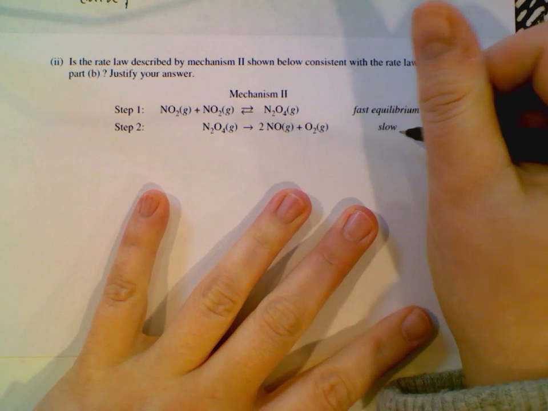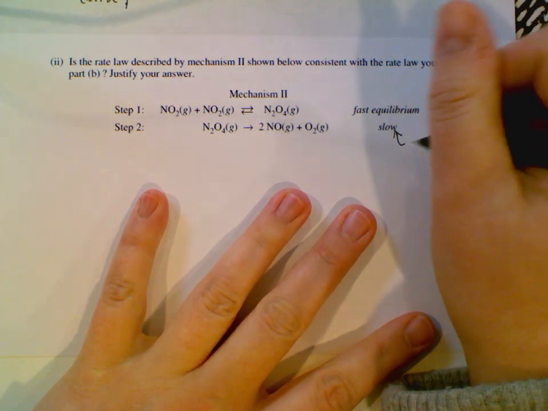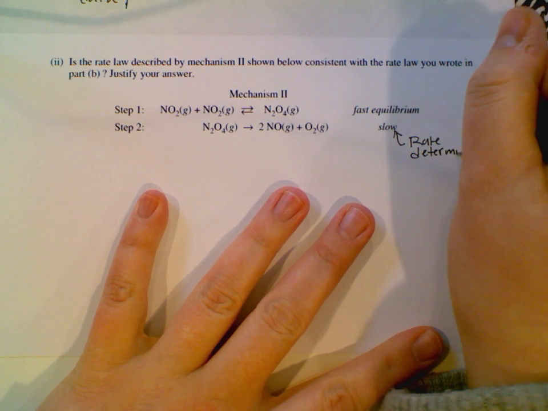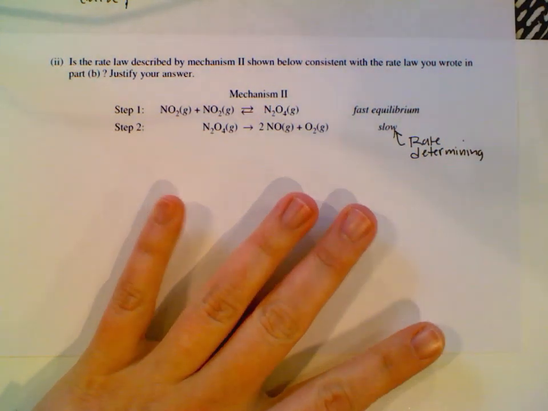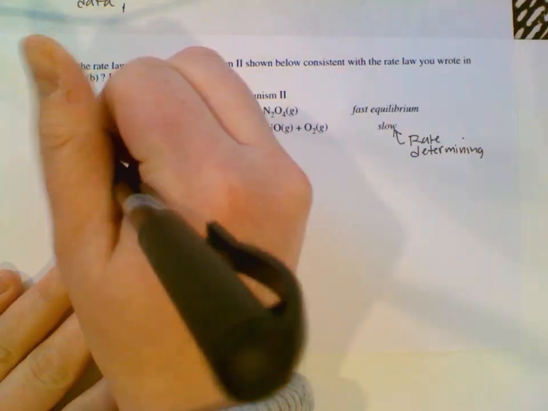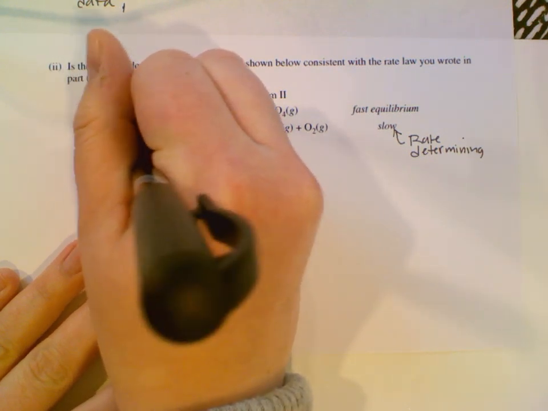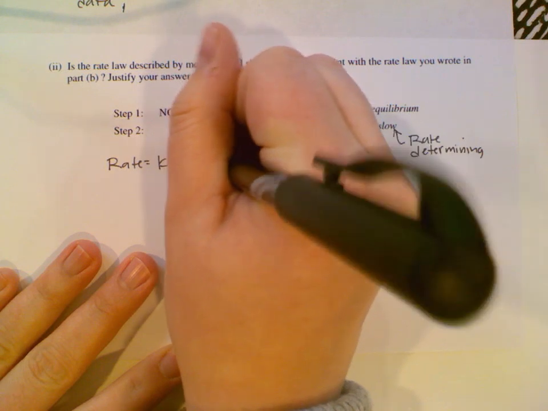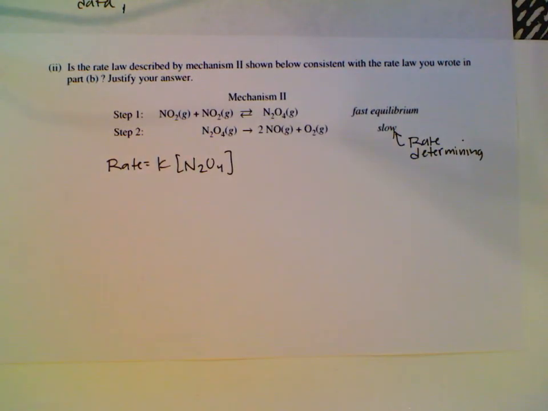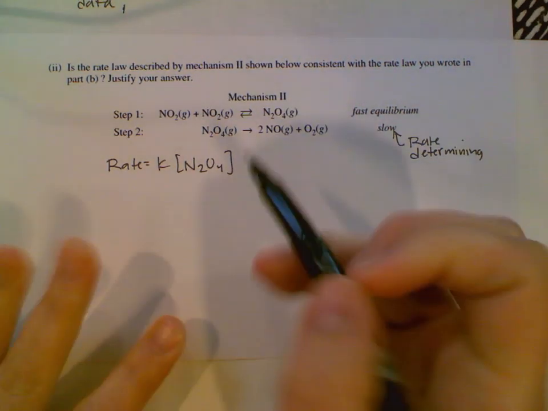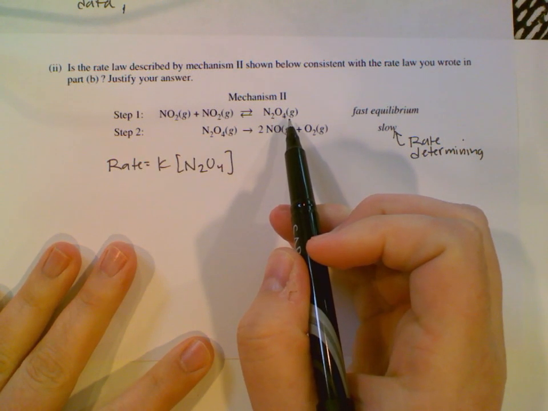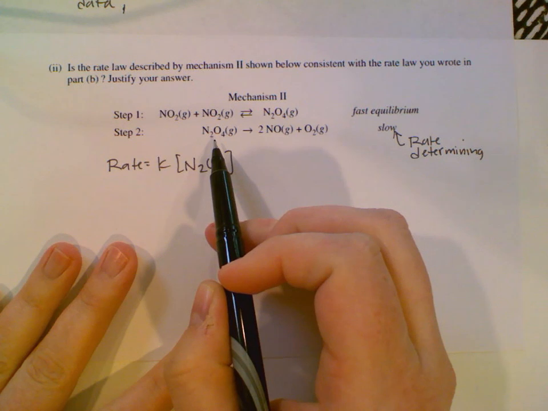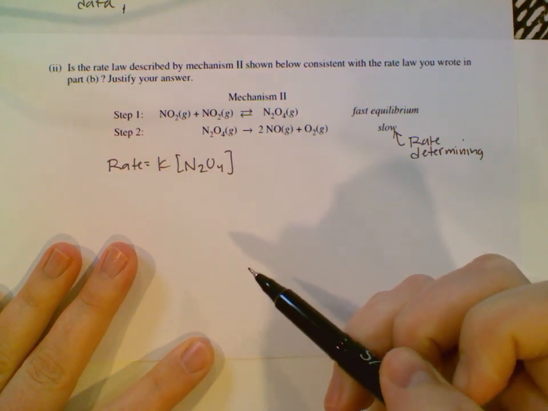So our slow step here is our rate determining step, which means that in theory, if we wrote our rate law, it would be rate equals k times the concentration of N2O4. However, if you remember, N2O4 is made as a product of the first step, and then it's consumed as a reactant in the second step.